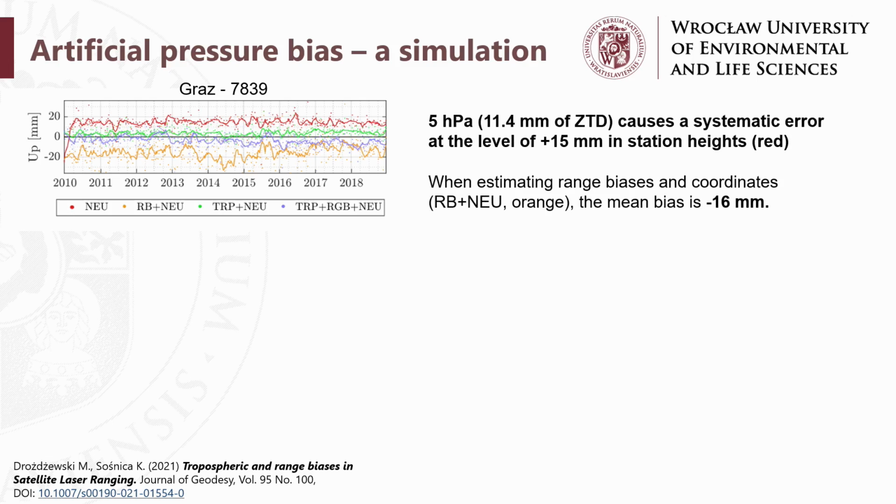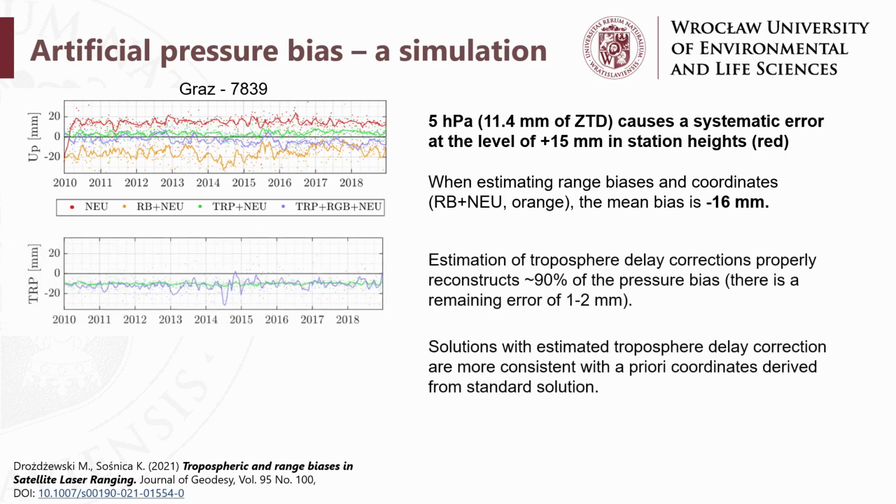If we estimate a range bias, so we try to use range biases to capture the effect of the tropospheric biases, the offset in the up component becomes negative, and it's minus 16 millimeters for the Graz station. When we estimate tropospheric parameters, we have only a small bias at the level of 1 to 2 millimeters.